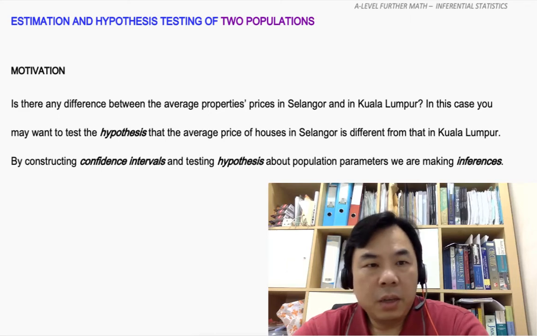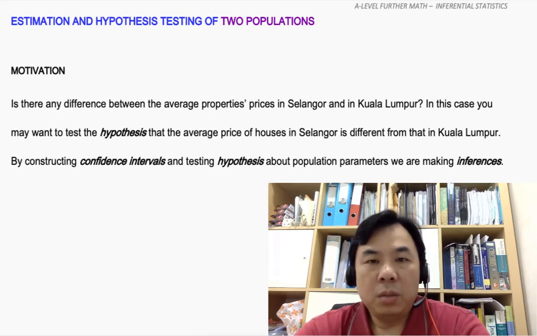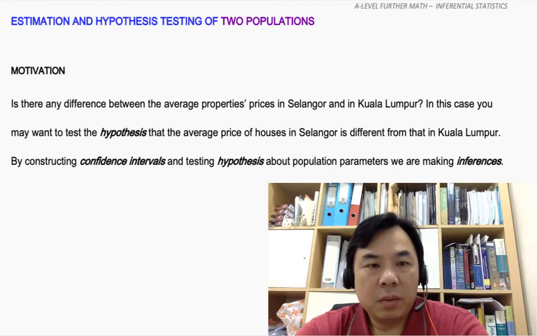Now, in this case, you may want to perform sampling and then carry out your hypothesis testing to determine whether there is a difference in the average property price between houses located in Selangor and in Kuala Lumpur. So you want to test the hypothesis that the average price of houses in Selangor is different from that in Kuala Lumpur.